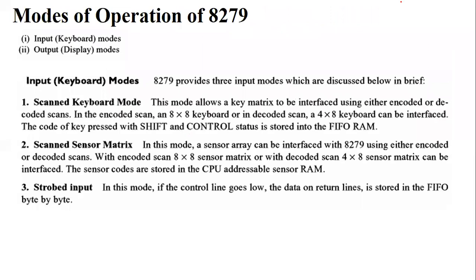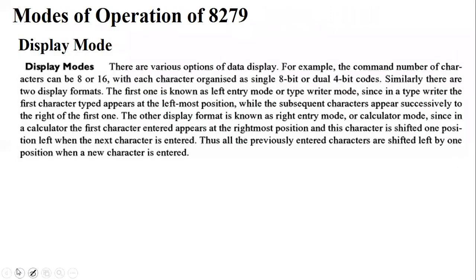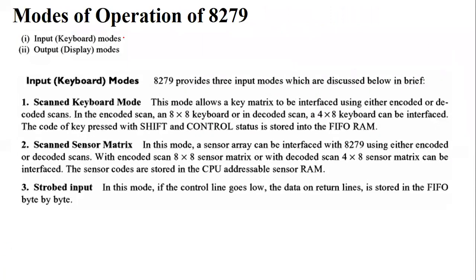Then we have different operating modes available. What are the different operating modes of the 8279? The first are the input mode, the keyboard mode, and the output mode, the display mode. The keyboard mode is divided into scan keyboard mode, scan sensor matrix mode, and strobe input mode.